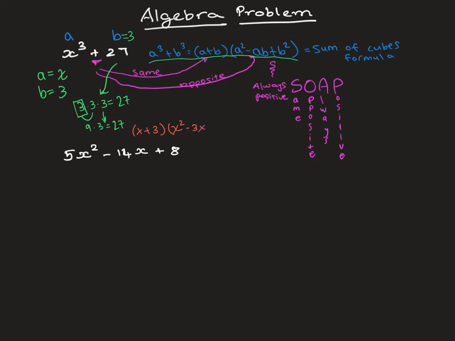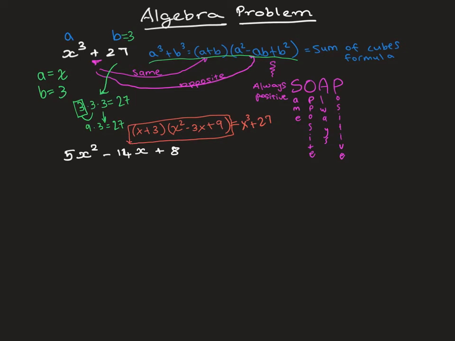Minus 3x. Now what's b squared? b is 3, so 3 times 3 plus 9. So x cubed plus 27 equals x plus 3 times x squared minus 3x plus 9. This is your final answer. So that's the first example.